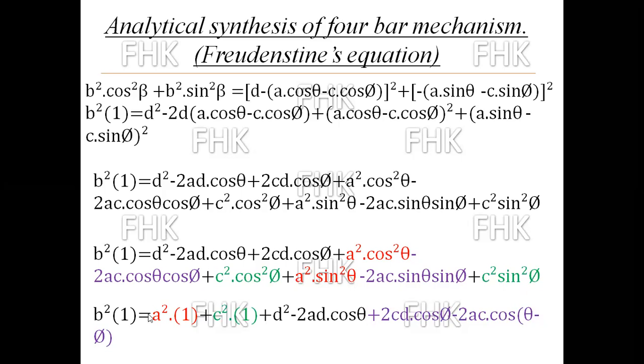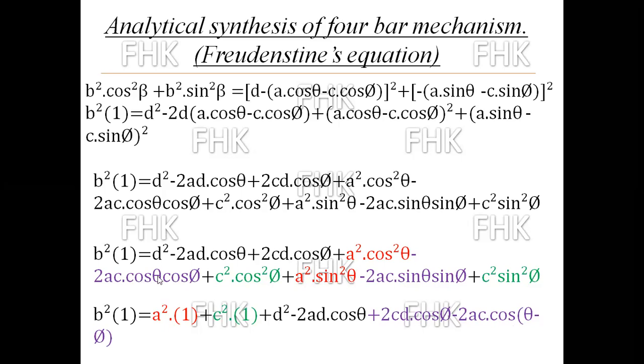Plus d square: a square plus c square plus d square, and from this term this d square, minus 2ad cos theta, plus 2cd cos phi, and minus 2ac common, minus 2ac.